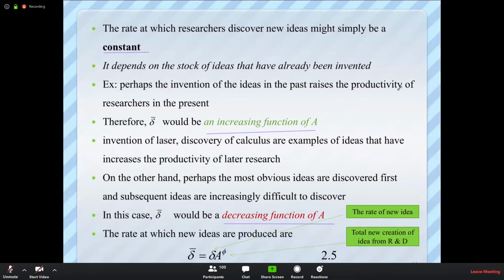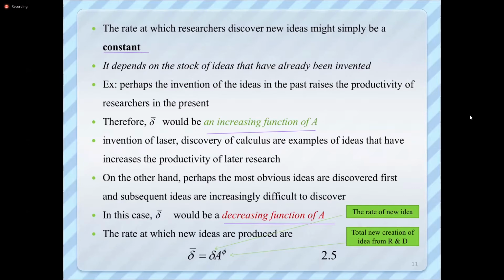Why? Because the idea or whatever assignment that you're doing is not so new, right? You are depending on some researches that has already been done in the past. This is what we mean. So therefore, this delta head could actually also be an increasing function.